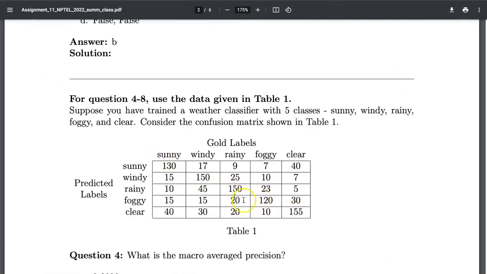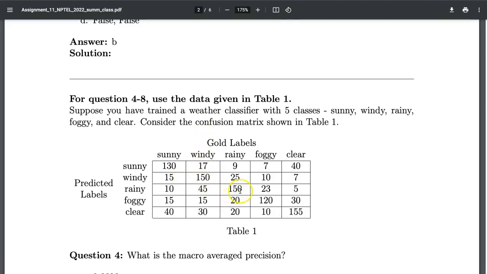This diagonal suggests the number of times the goal labels and predicted labels are the same. For the first cell, it is the number of times the prediction is sunny and the goal label is also sunny. The second entry in the diagonal is the number of times the prediction is windy and the goal label is also windy, which is 150.